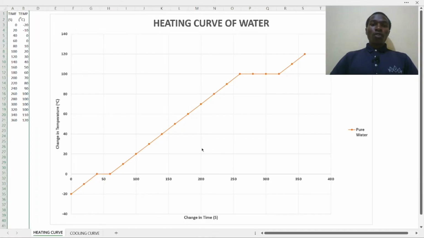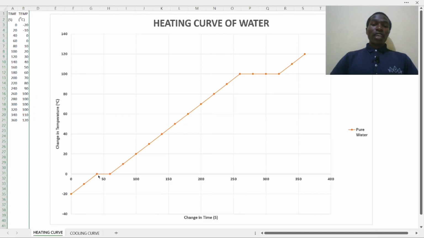Plotting a graph of changing temperature against changing time reveals this heating curve. Heating curves of pure substances have sharp melting points and boiling points.